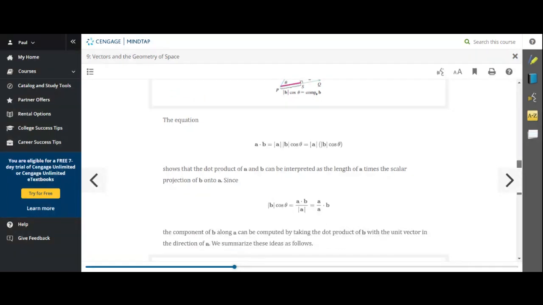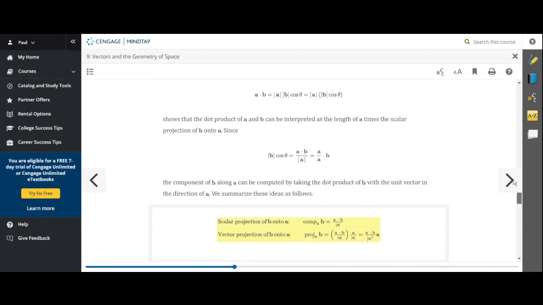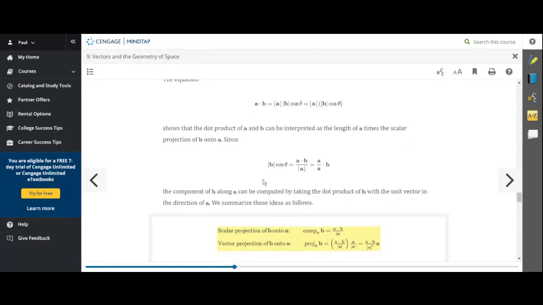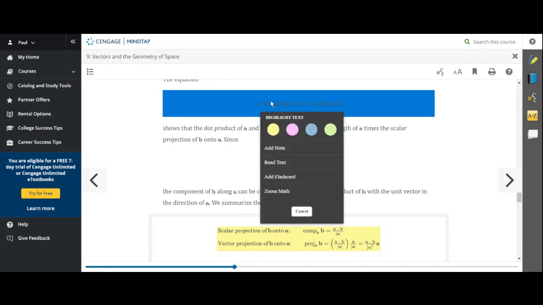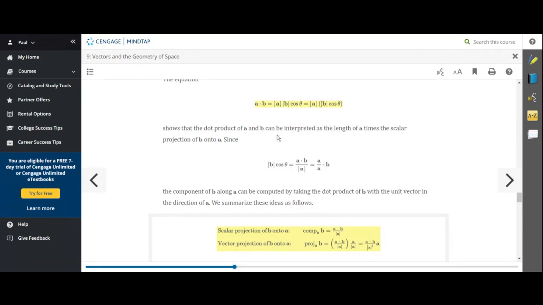By virtue of the definition of the dot product, the fact that A dot B equals the length of A times the length of B times the cosine of theta, the length of B times the cosine of theta, that component, is equal to the dot product of A and B divided by the length of A. That's how you get the component, what they call the scalar projection of B onto A.